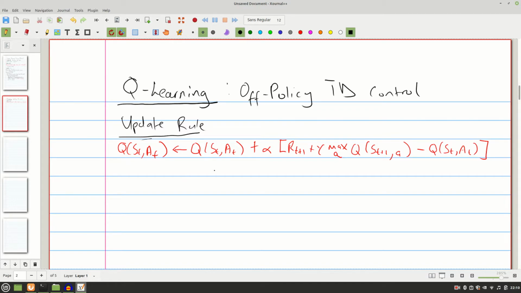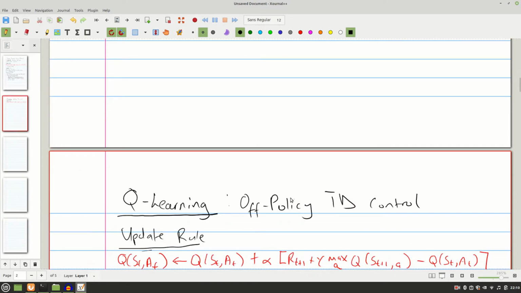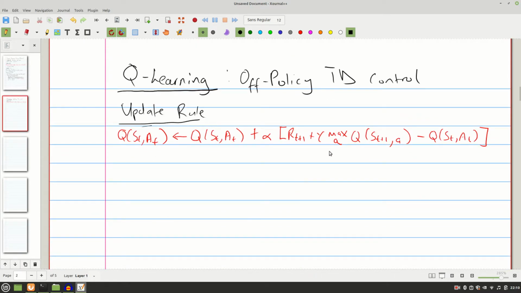If you compare this to the update rule for SARSA, all we had to do there was look at the next action based on our existing policy. But here we are taking a maximum over all actions, and this is the reason why this is an off-policy algorithm.